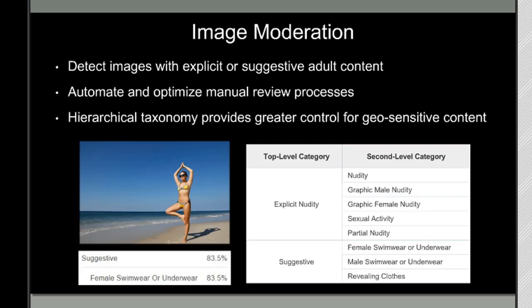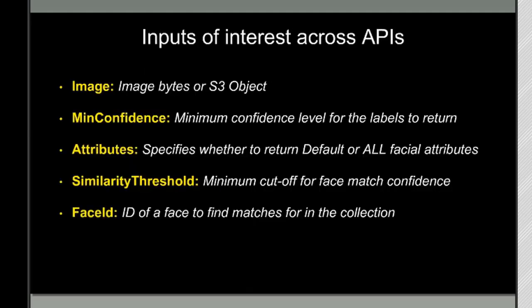Therefore, we would simply give them a different threshold as produced by the confidence score. So here we see in this image 83.5%. That might be too high or too low for some cultures, and so we can move that around appropriately. So that fine-grained control is a key attribute of the image moderation feature.